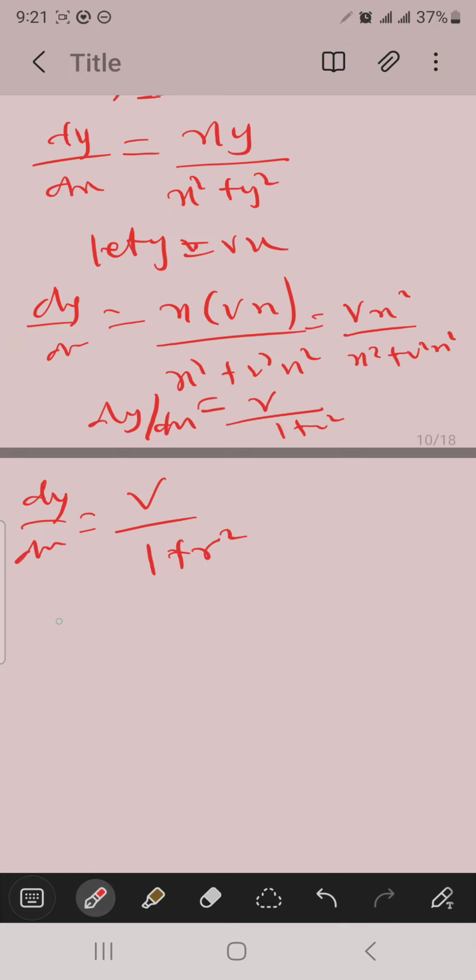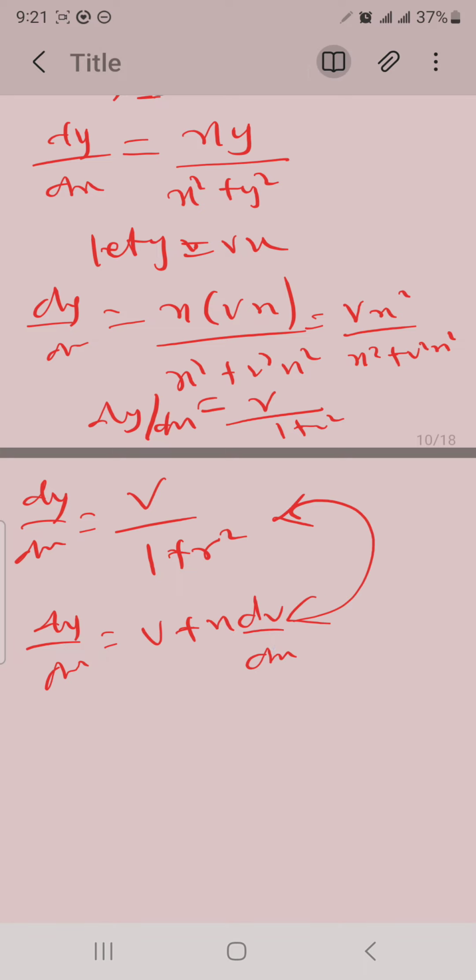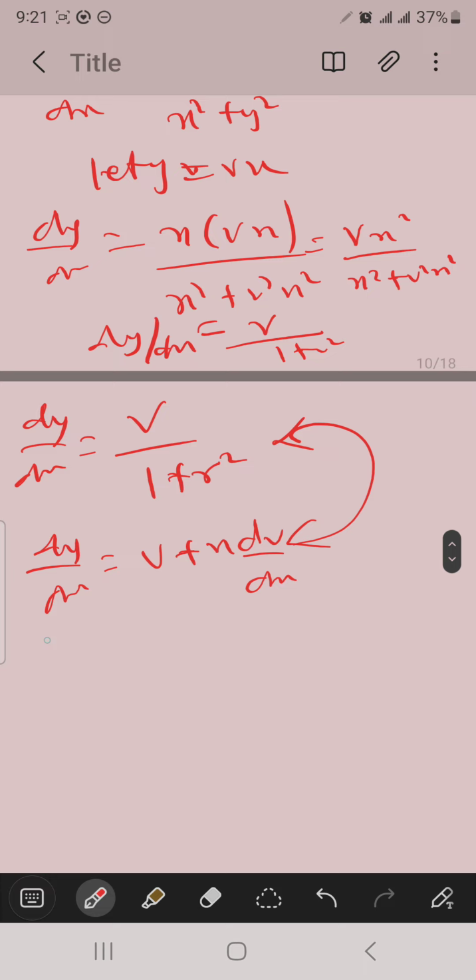And our dy/dx originally is equal to v plus x dv/dx. So now equate both of them: v over 1 plus v squared equals v plus x dv/dx.